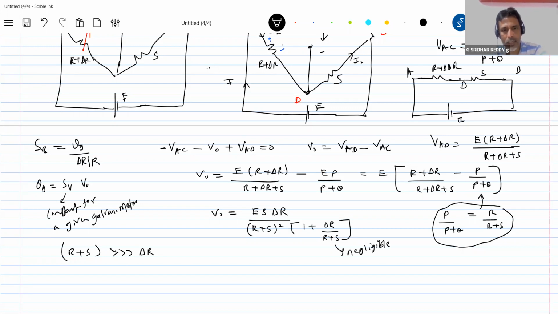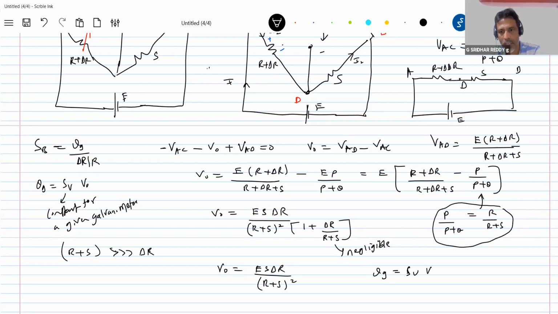Then we'll end up with V naught equal to E S delta R by (R plus S) whole square. Let's come to our formula. In case of theta G, the galvanometer is a fixed value, so remove it.